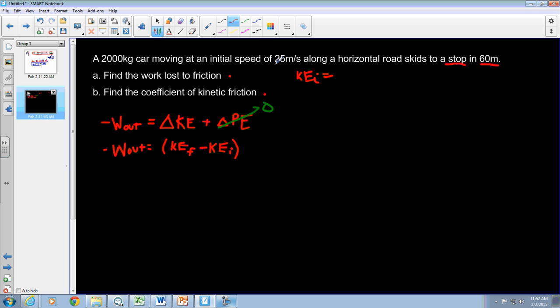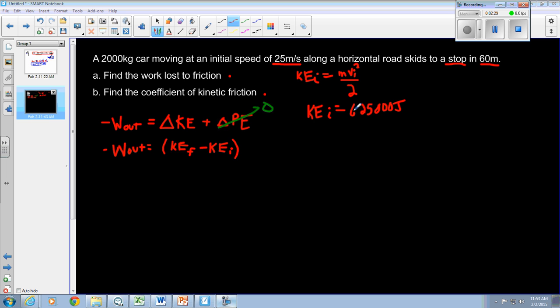We have our speed, so it's just m v initial squared over 2. Plugging in our numbers, we should get an initial kinetic energy of 625,000 joules.